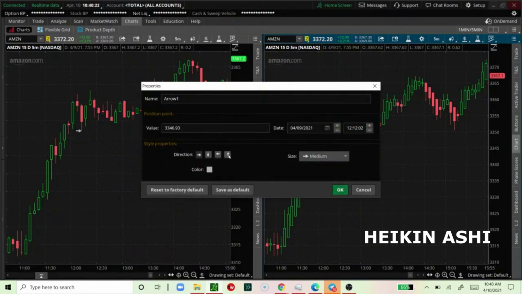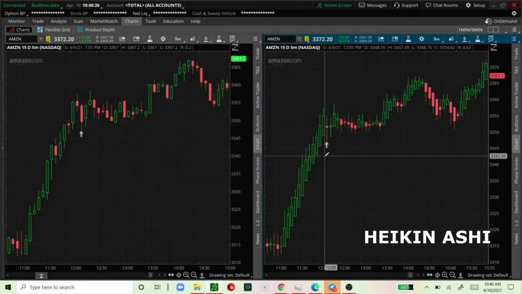That's the first thing. The color of that particular candle, HEIKEN ASHI candle, changed, and it developed a lower wick. Time to get out.